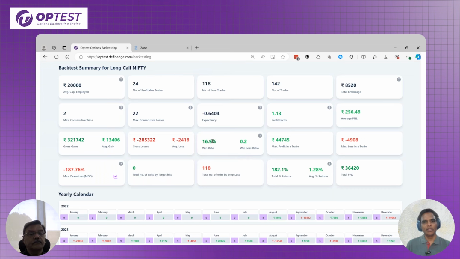The behavior is very similar again. So all the momentum or trend following strategies have this issue of low win rate, but when it wins, it wins big. See, max profit in a trade is 44,000. Max loss is only 5,000. So that is technical trading.